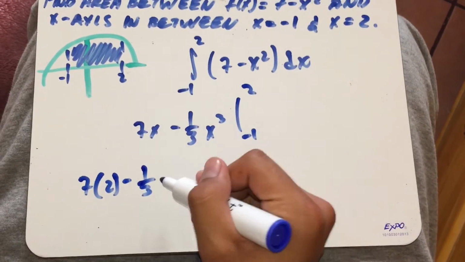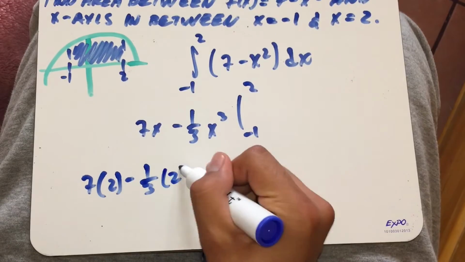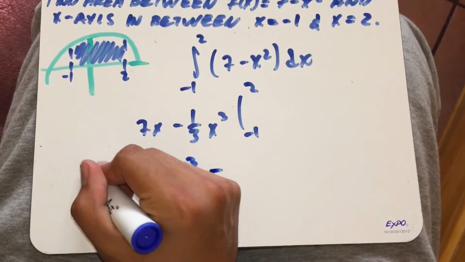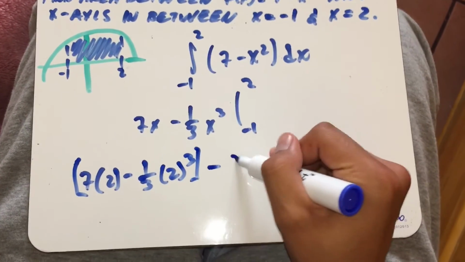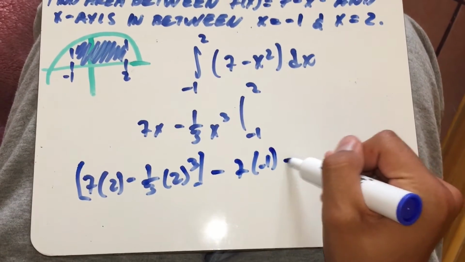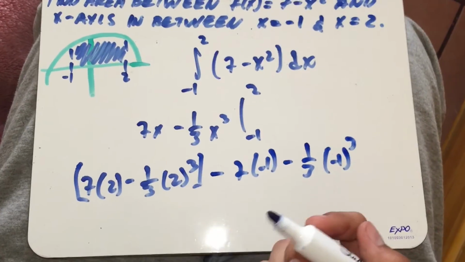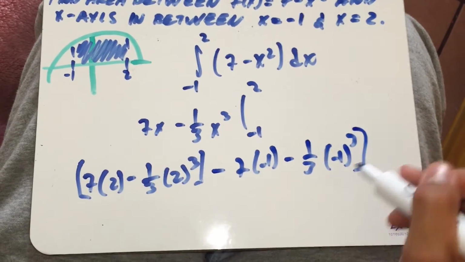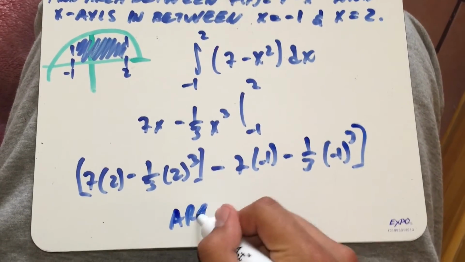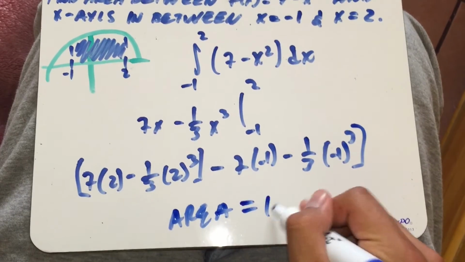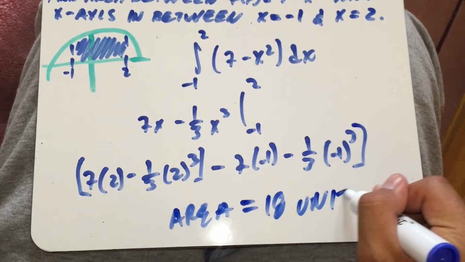So 7 times 2 minus 1/3 times 2 cubed, all minus 7 times -1 minus 1/3 times negative 1 cubed. You just do basic math and solve that out, and your area in this case would be equal to 18 units. Simple as that.